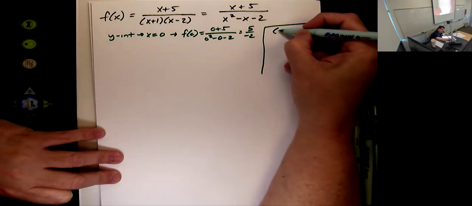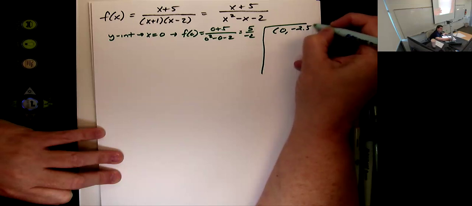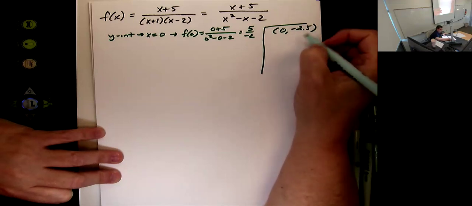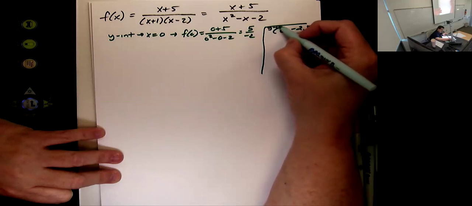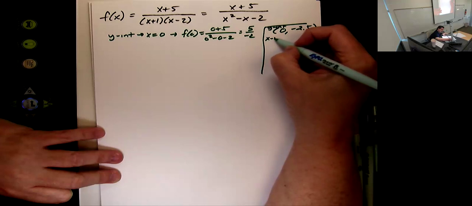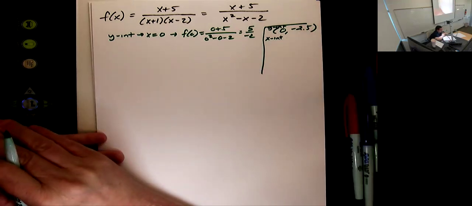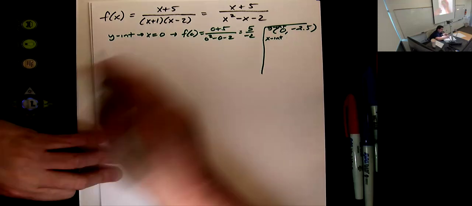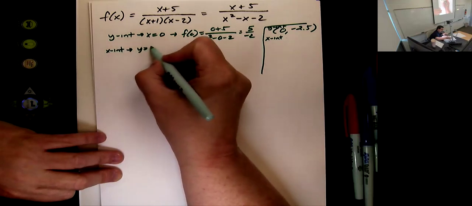So 0, negative 5 halves, or negative 2.5. That's my y int. My x int is when y equals 0.